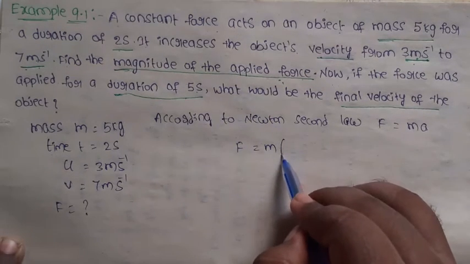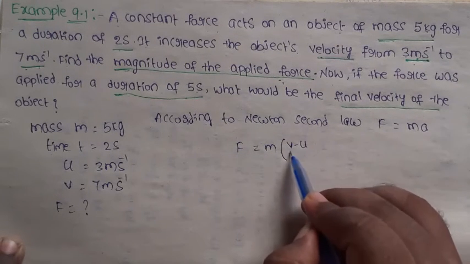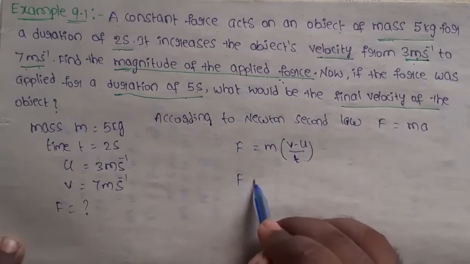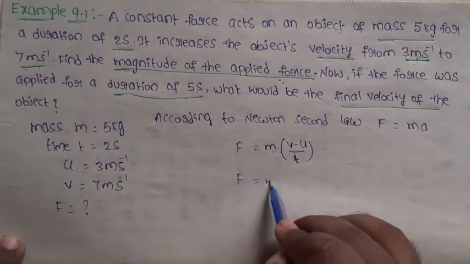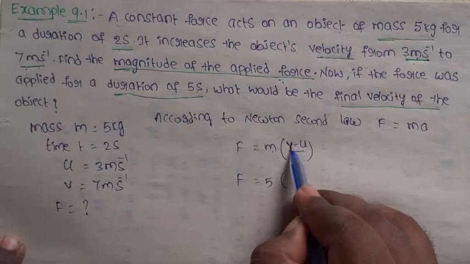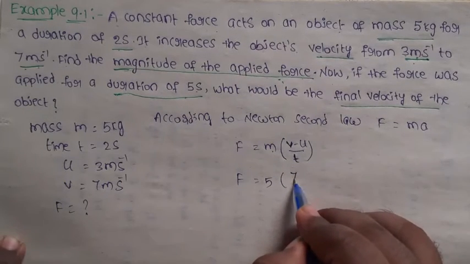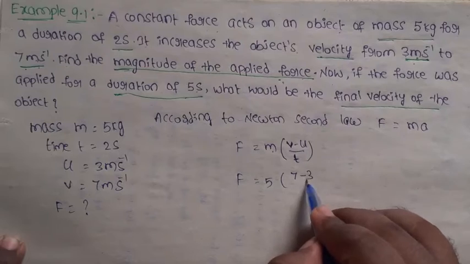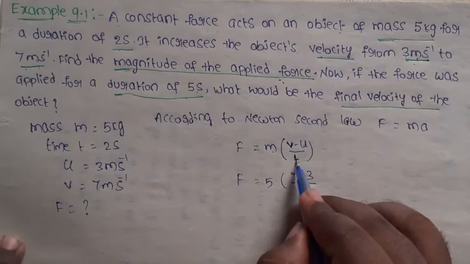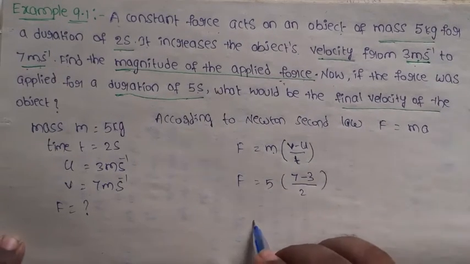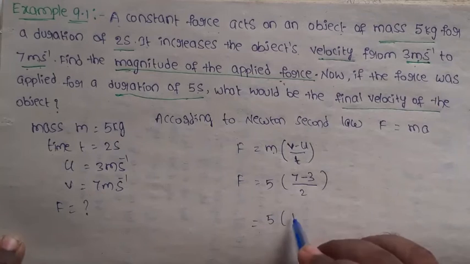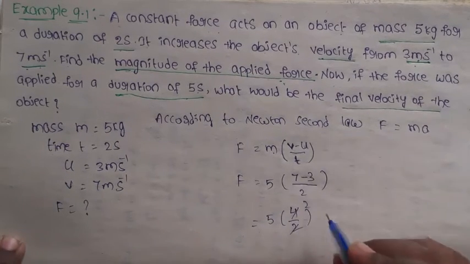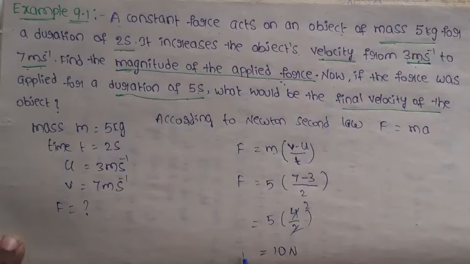Acceleration we can write as (v minus u) by t, the change in velocity. So F equals 5 into (7 minus 3) by 2. 7 minus 3 is 4, 4 by 2 is 2, so 5 times 2 gives 10 Newton.